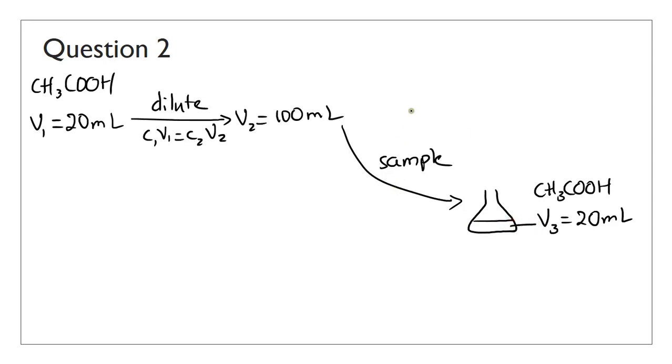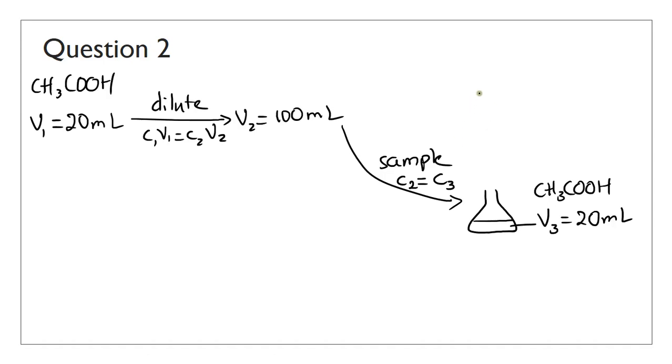What was I saying? Yes, when you take a sample, the original and the sample will have the same concentration, which means that C2 equals C3. Now, this sample of diluted ethanoic acid is titrated against a solution of sodium hydroxide, and the sodium hydroxide is in the burette.